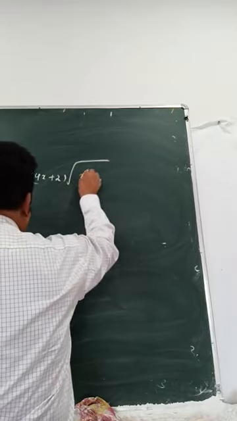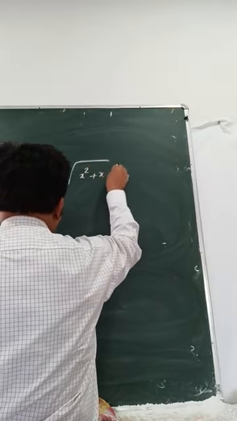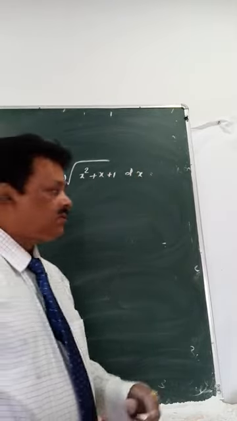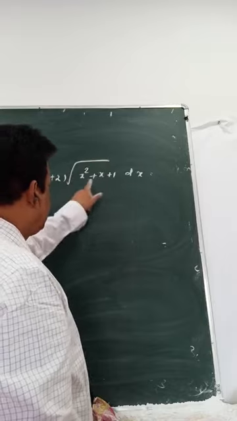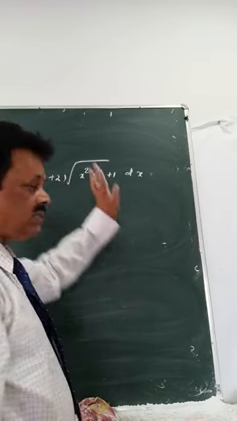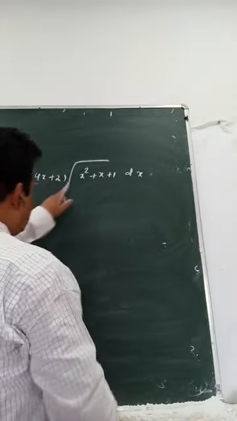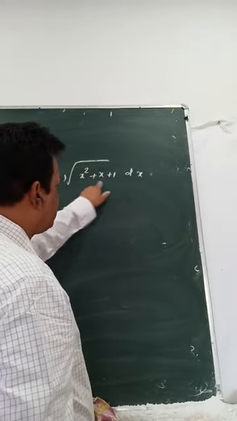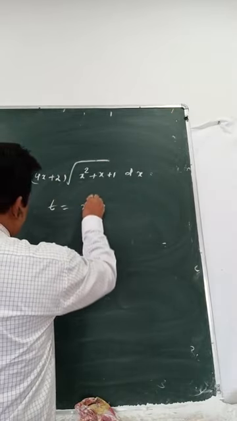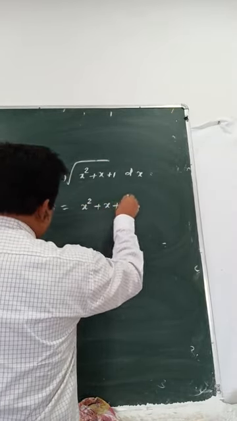Integral of something over x square plus x plus 1 dx. So this part looks complicated. If I take this one as t, automatically this will come out. Let's check here. You will not take with power, you will take without power. Substitution: t equals x square plus x plus 1.